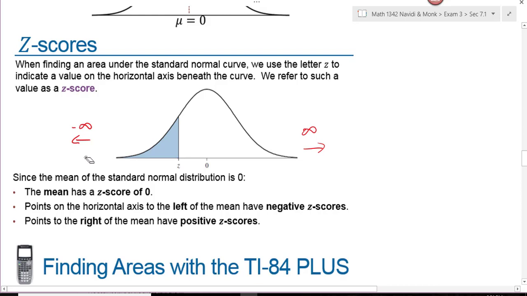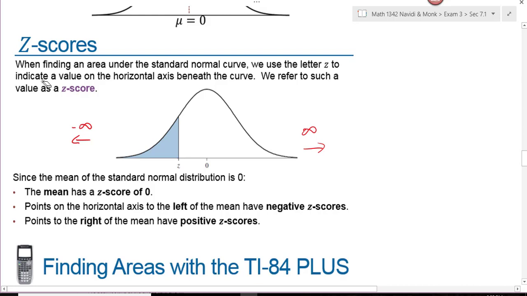The problem is we don't have a negative infinity button on our calculator. How we overcome that is we just use a really small number like negative 100 or negative 1,000. Or negative 1,000,000 if you just like typing zeros. If your area goes off to the right, you would use a really large number for your upper bound. And we're going to go through some examples now where we actually do this.